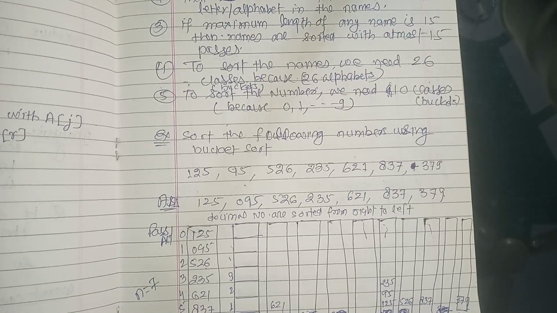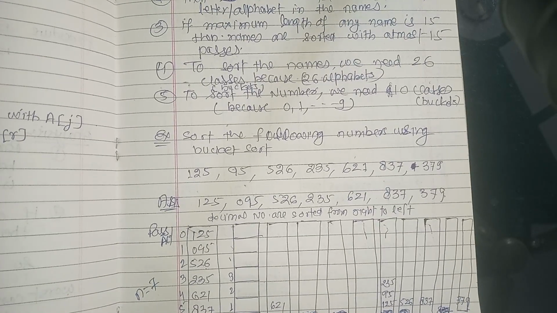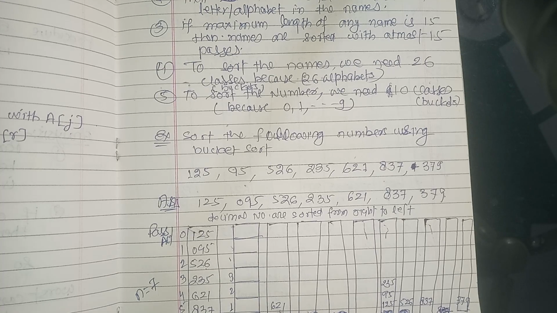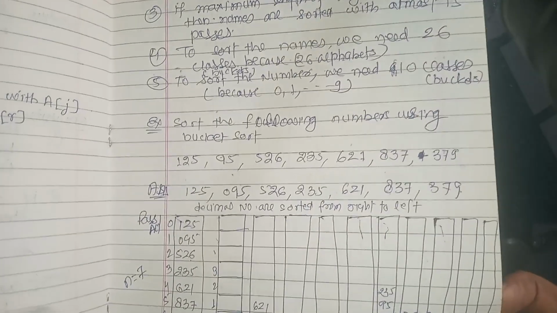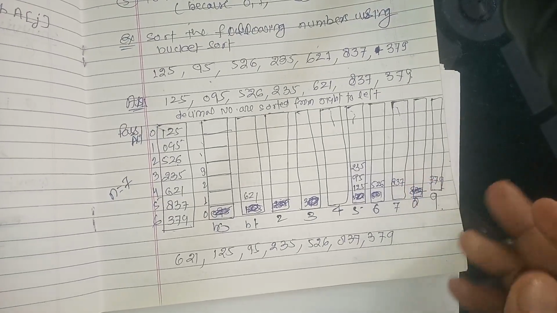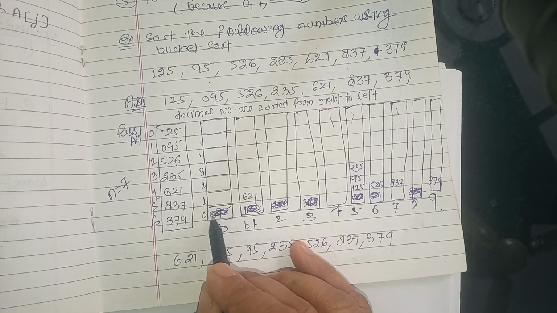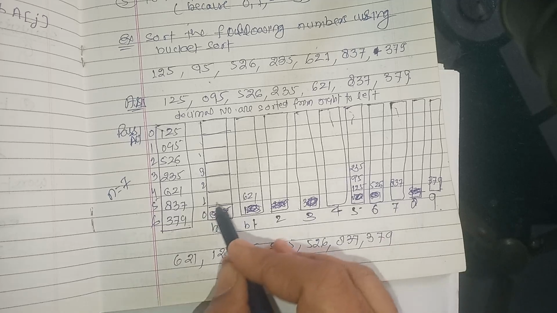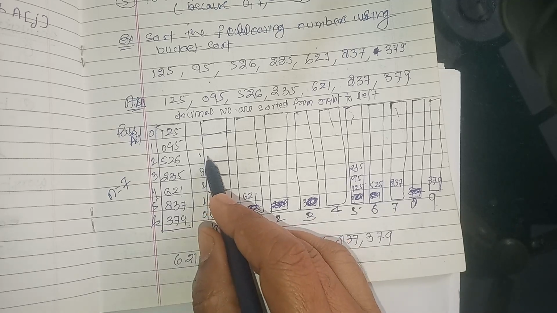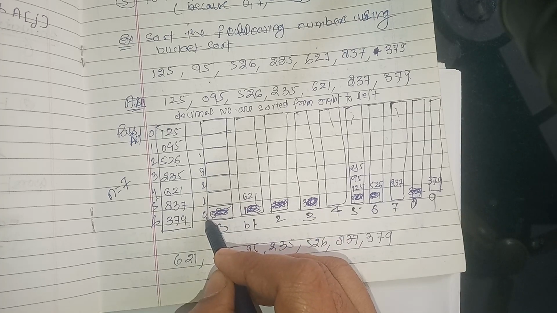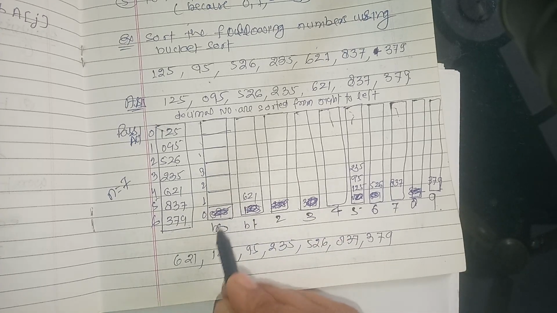After that, you have to scan the buckets from left-hand side to right-hand side, and from below to above, that is from lower index to higher index, and write the numbers again.